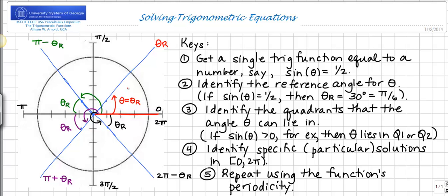In the second quadrant, if you have a certain reference angle, the angle measured in standard position, and this one's in green, would be pi minus the reference in radians, or 180 degrees minus the reference in degrees. So you can always do this in degrees as well. The third quadrant would be pi plus the reference. And lastly, the fourth quadrant angle with the same reference angle would be 2 pi minus the reference.